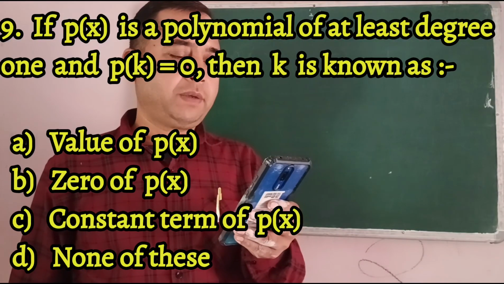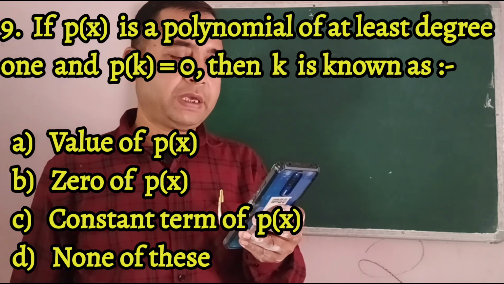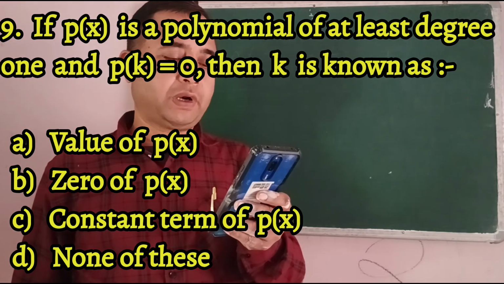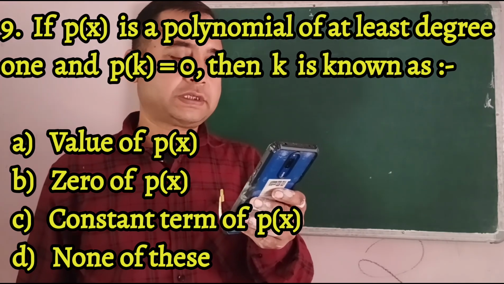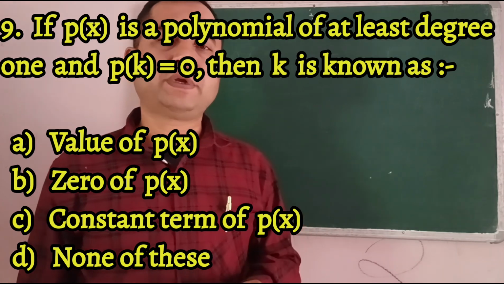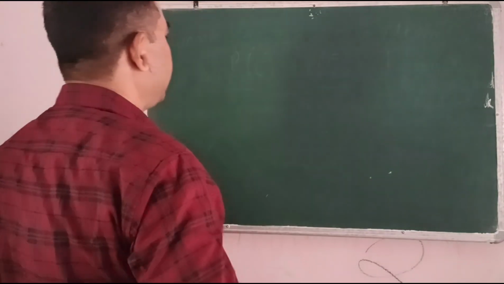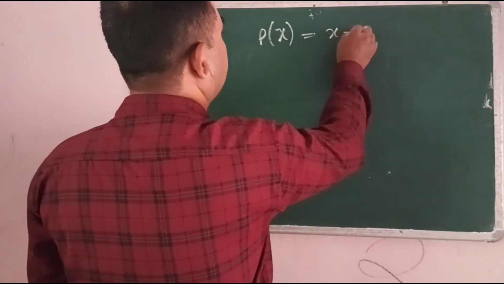Now let us take question number 9. If P(x) is a polynomial of at least degree 1 and P(k) is equal to 0, then k is known as option A value of P(x), option B 0 of P(x), option C constant term of P(x), option D none of these. So to get the correct option, we should know first one thing. Suppose P(x) is equal to x plus 1.